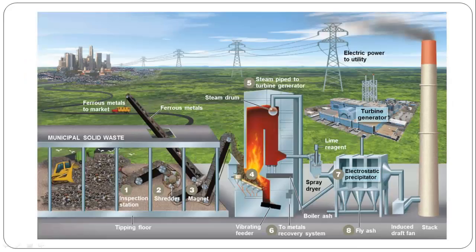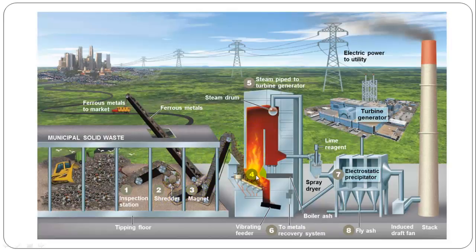So this is kind of one idea of how you might be able to do things kind of all at once, is creating, rather than just burying things, is to filter it out, recycle the metals, maybe even take out the plastics, everything else, shred it up, and burn it.